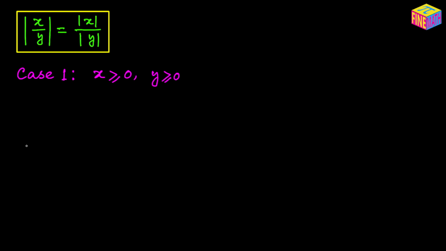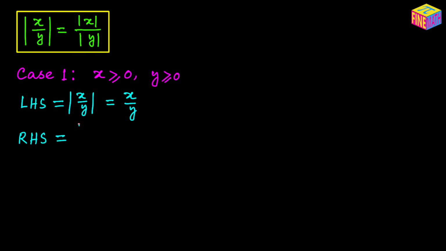So then, how about our left hand side here? Well, our left hand side has modulus of x over y. And because both x and y are positive, the quotient is also going to be a non-negative value. And because x over y is a non-negative value, it will come out of the modulus sign exactly like that. Alright, now let's take a look at the right hand side.